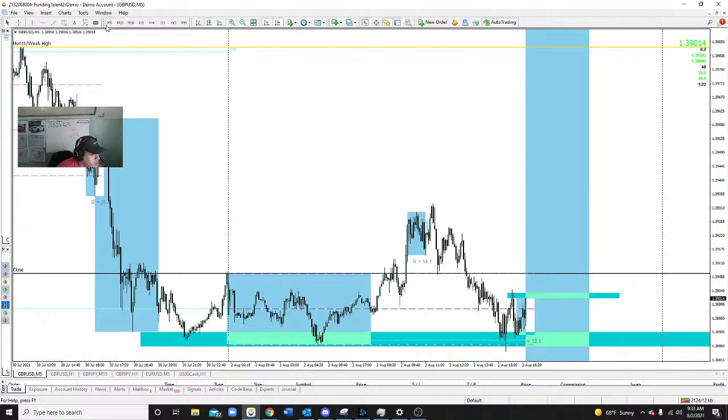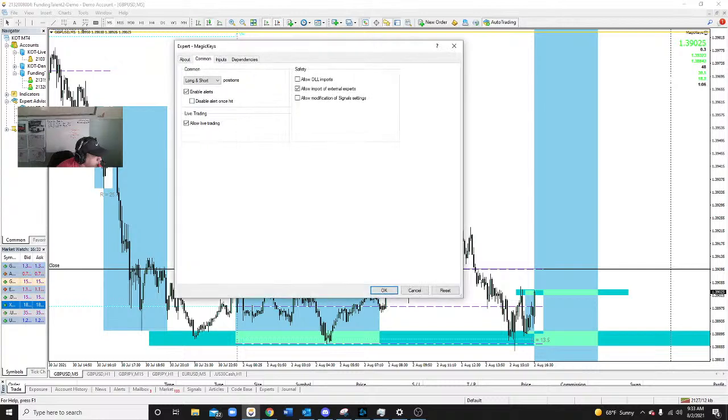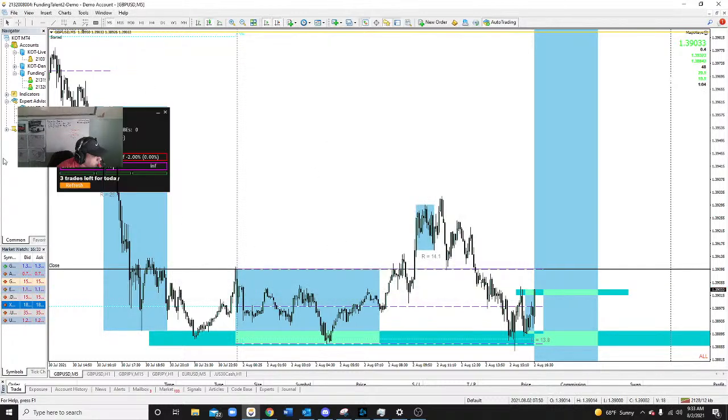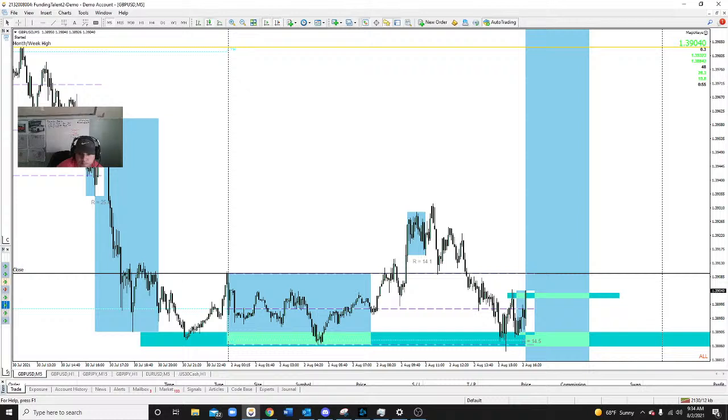Let's see if we can break above. Okay, good bullish run there. We've broken through.